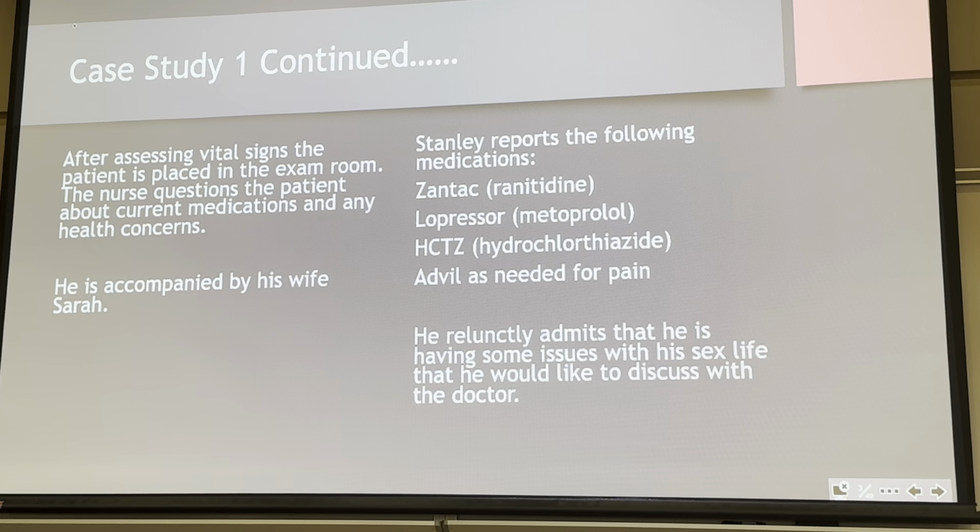And this is something that would bring joy to their life, so we want to make sure that we do address if there's a medication component that we have some control over. Additionally, mental health issues like stress, depression, that type of thing can cause some issues with erectile dysfunction, along with spinal cord injury. So there's a lot of different reasons that we could be seeing erectile dysfunction in him or anybody else for that matter.